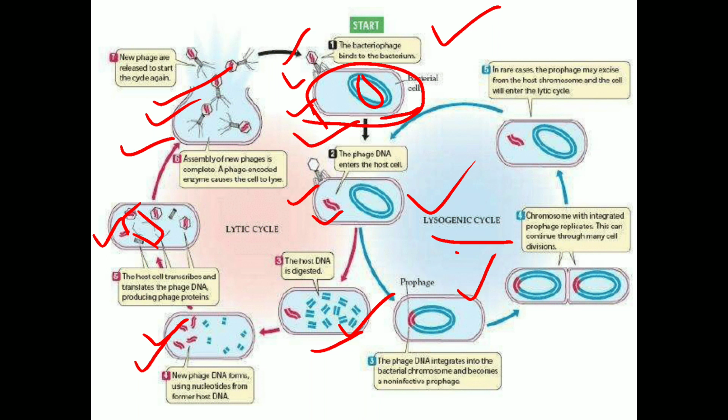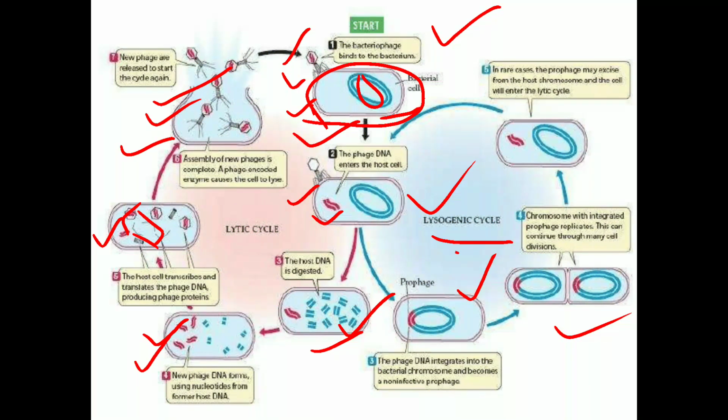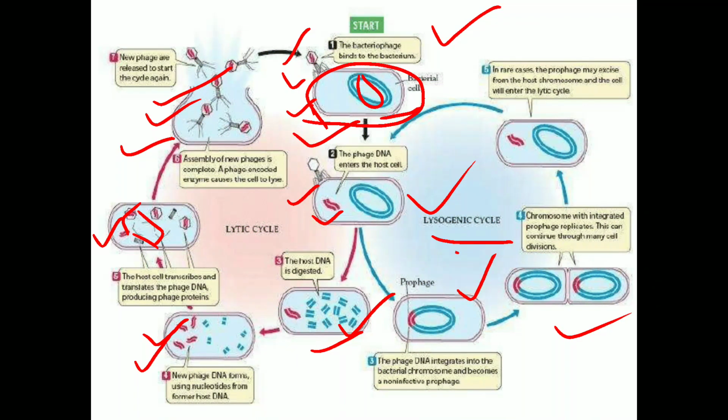Then the next step is the multiplication or reproduction of the bacterial cell. That bacterial cell undergoes binary fission. Binary fission means cell division takes place.